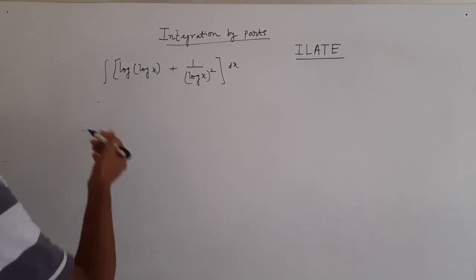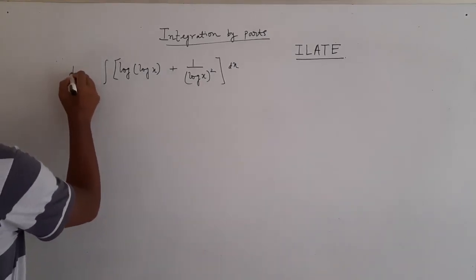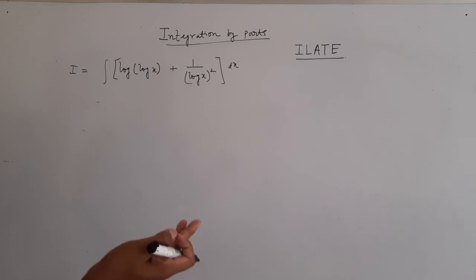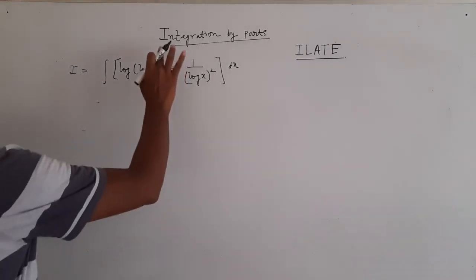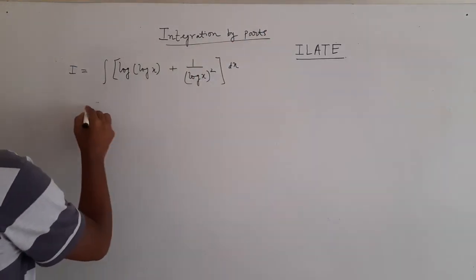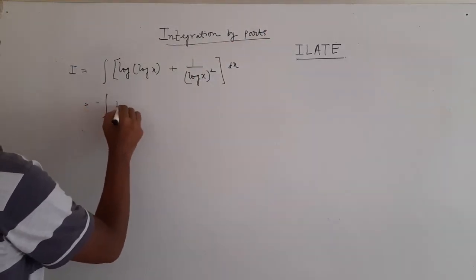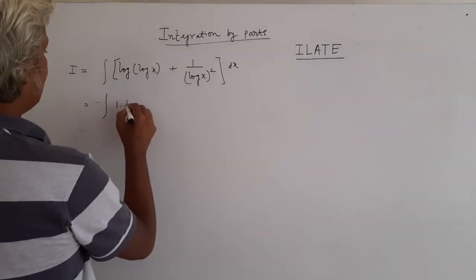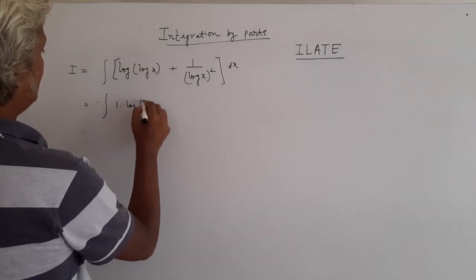So let's start. Suppose I start like a novice without having any prejudice or any prior knowledge of integration. I simply approach the idea of integration by parts. So this question I can take as, suppose I have another function, because one function is missing, so I can write this as 1 times log x.